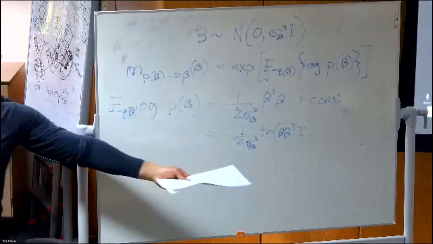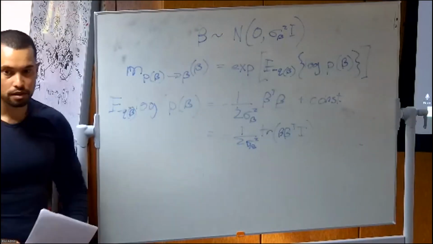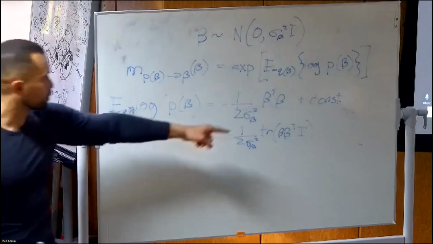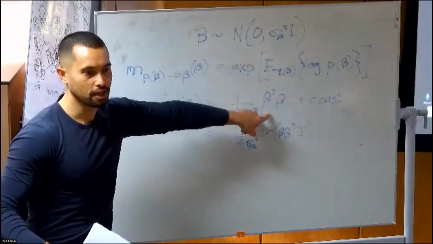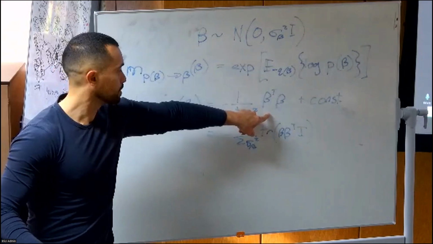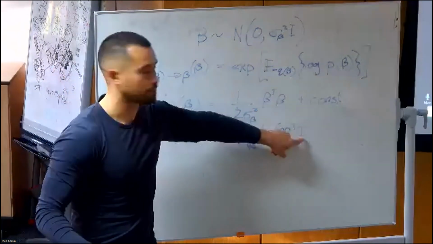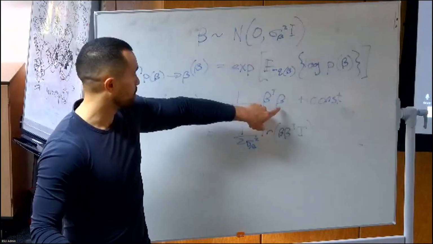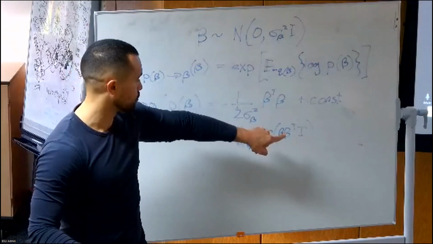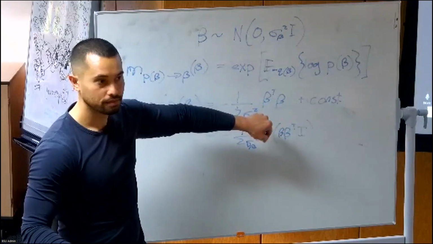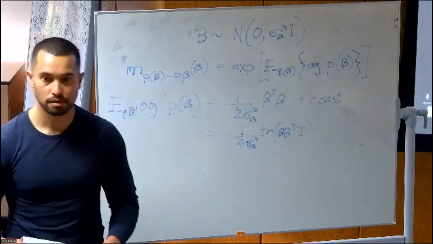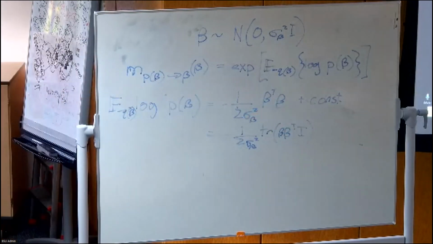Does that make sense? Is everyone familiar with that? I've applied a trace to this. I can do that for free because it's a scalar. And I can put an identity matrix in for free. And then I can rotate the order of these things around. You don't need to then divide by n, where n is the dimension?